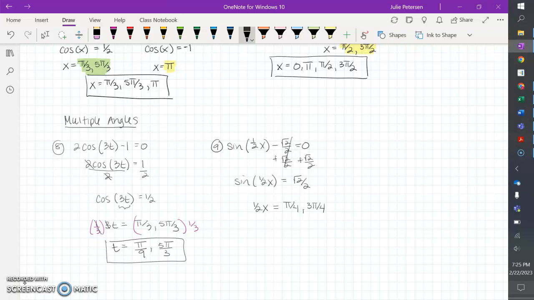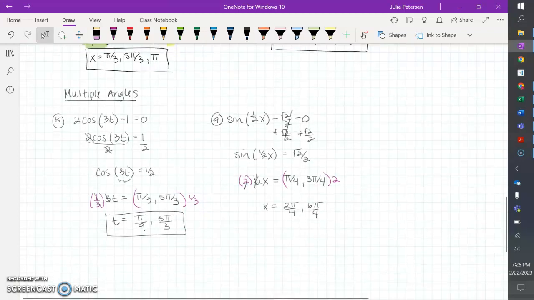Now here I've got 1/2 times x. The way we get rid of that is by multiplying both sides by the reciprocal, in this case, 2. So I'm going to multiply both of these by 2. That's going to cancel this out, so we just are starting to solve for x finally. And when I multiply times 2, I get 2 pi over 4 and 6 pi over 4.